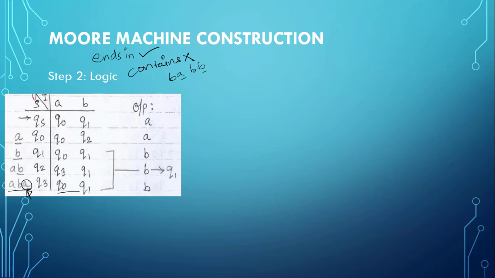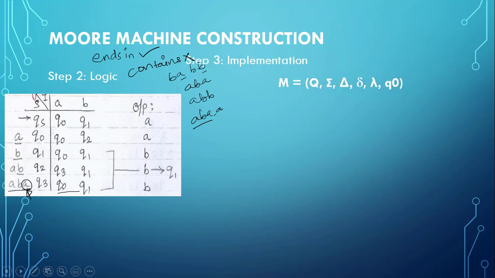Then in Q2 we will reach Q3 state if it becomes ABA, or else we go to Q1 state if it becomes ABB. And finally from Q3 we will restart our search for the next occurrence of substring ABA.